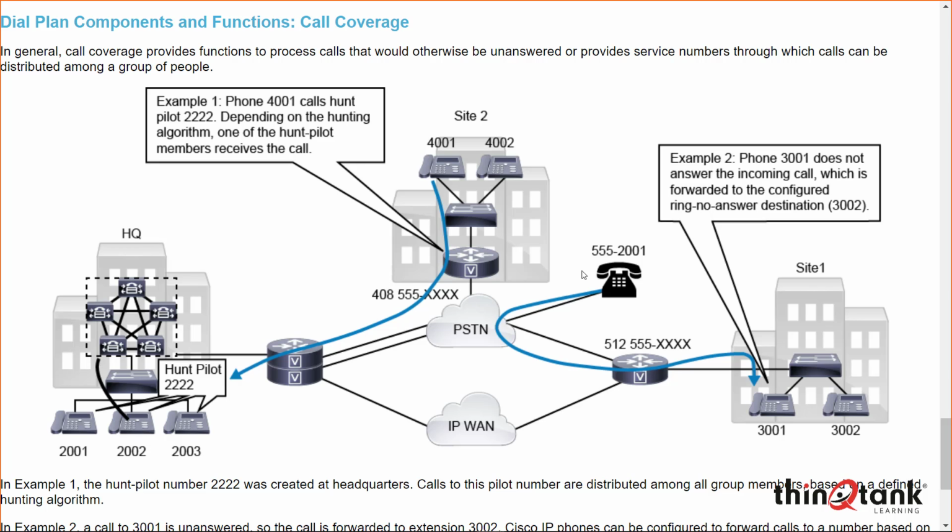We also have the ability, of course, to forward our phones using call forward all, to forward all calls that go to a phone. That's a form of call coverage as well. Somebody might be out of the office, but they don't want to miss an important call, so they're going to forward the phone to their cell phone, and then when the calls come in, the call gets rerouted to the cell phone. That would, of course, require their appropriate class of service as well. But when we talk about call coverage, that's what we define.